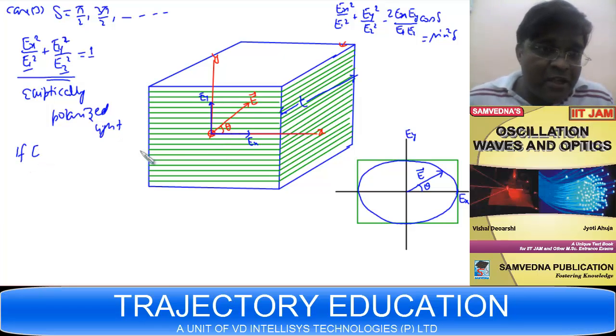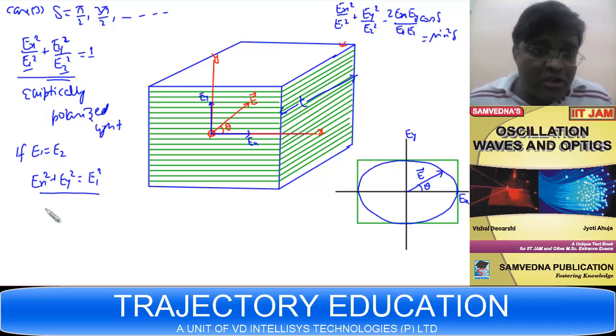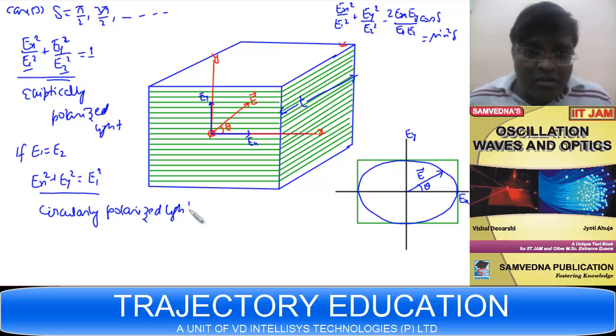And if this theta is pi by 4, in that case E1 and E2 will be equal, and your Ex square plus Ey square is E1 square, and this is called circularly polarized light. In that case, the tip of the field vector is moving in a circle.